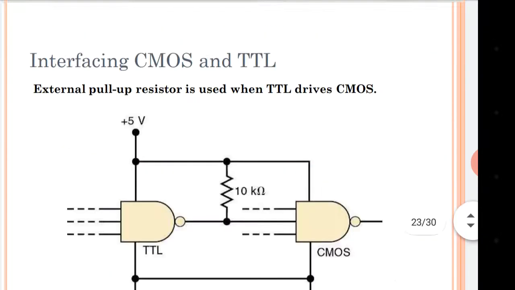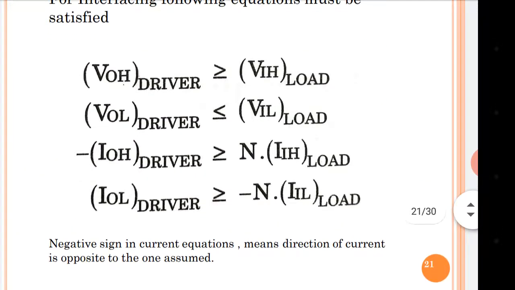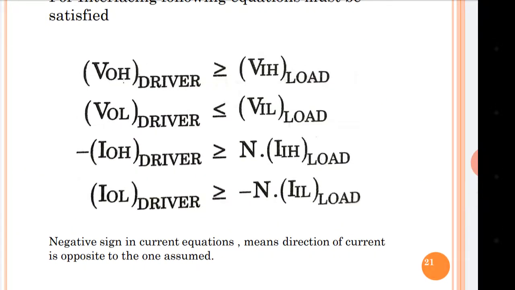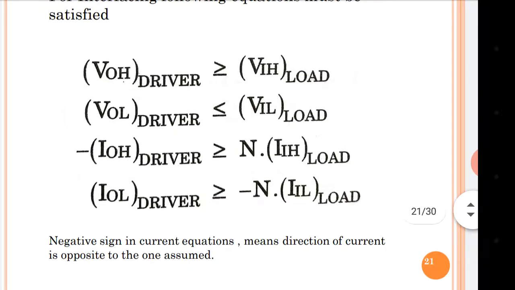I will again go to the equations. If you observe the voltage equations, and the third is the current equation, that is also satisfied. But the fourth equation is satisfied only when n is equal to 2.